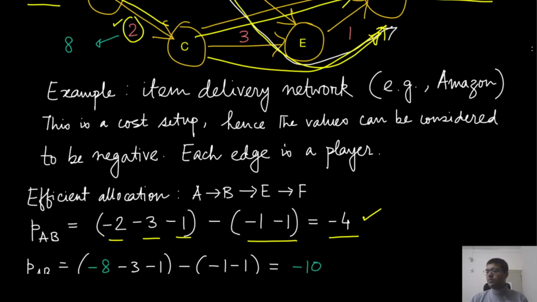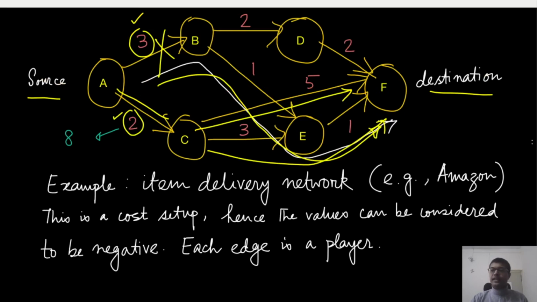That's the VCG payment. And -4 means that this player will get paid, because this is a cost scenario. Their valuations are actually negative, so minus 3 is the valuation, and they are getting paid 4. So 4 minus 3, 1, is the net payoff for that player.